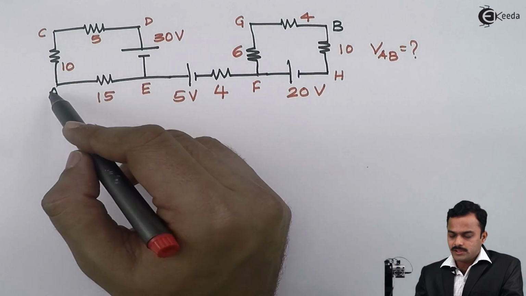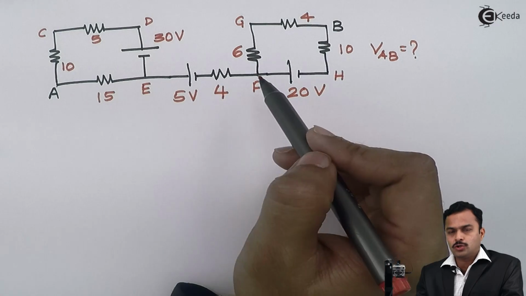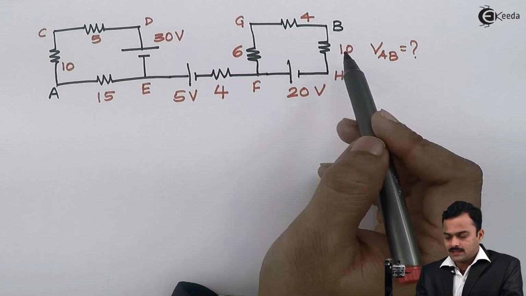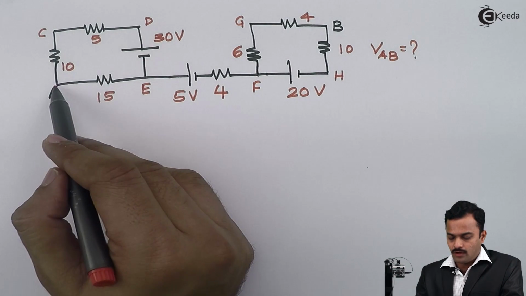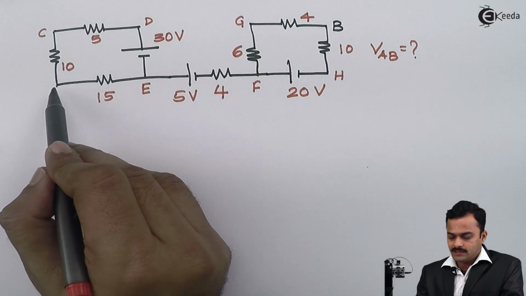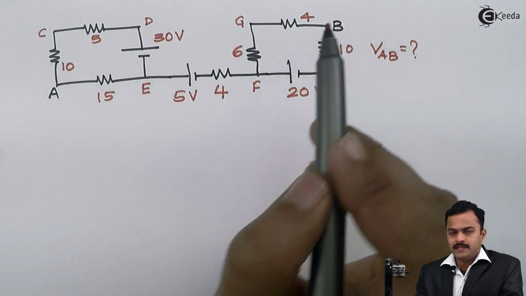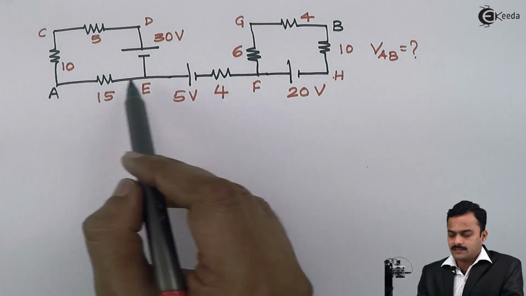I need to cover these 2 points, but there should not be any loop in the path. So I will consider the simplest path from A to B like this: A, E, F, H, and B. So the first thing is that I need to select the simplest path. So I have selected the path.